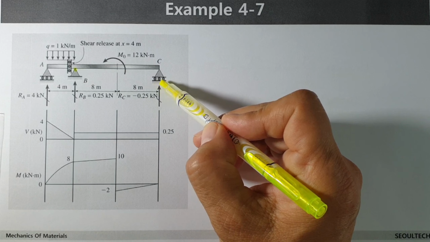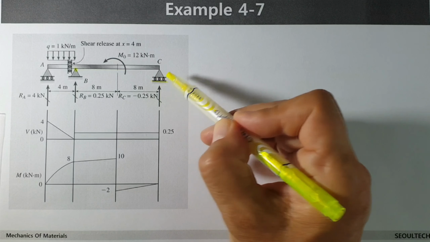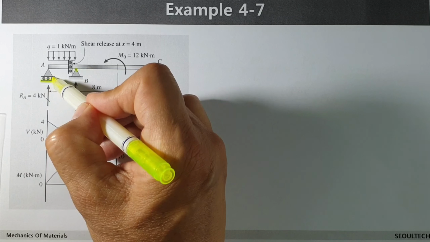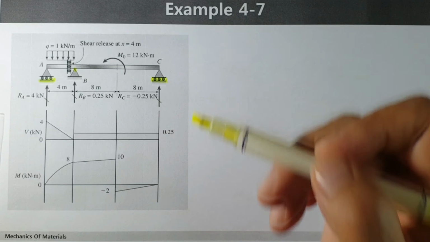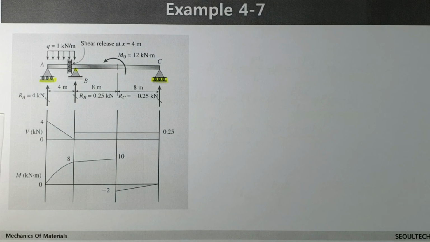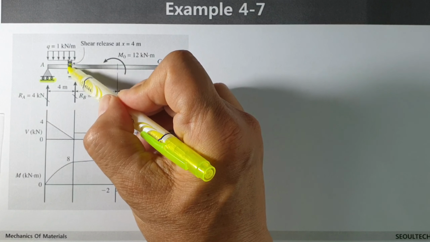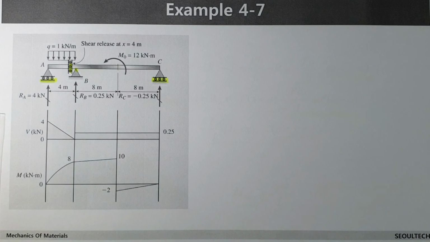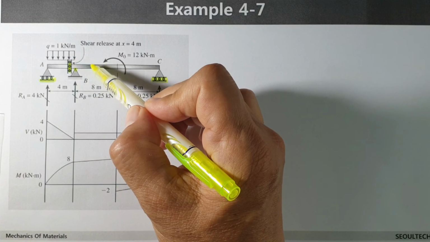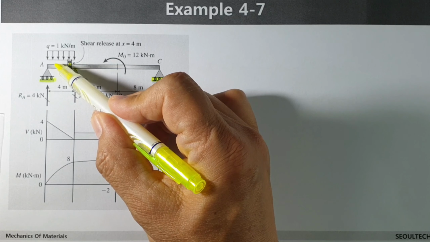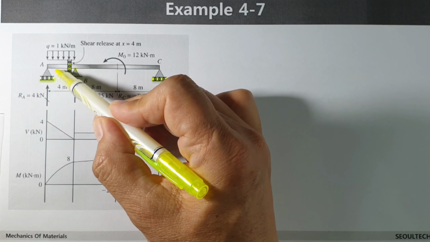And there is a roller whose moving direction in the horizontal direction is free. Of course, the rotation is also free. And we have some special equipment. At this point, the shear is free. What does that mean? At this point, shear force is not transmitted to another component, and vice versa.